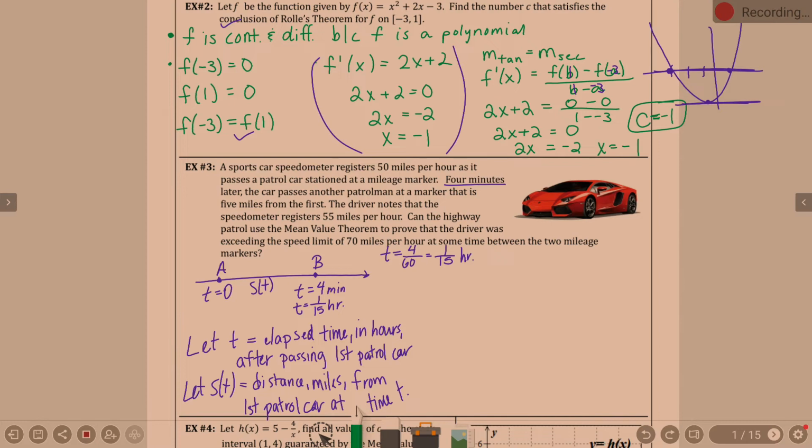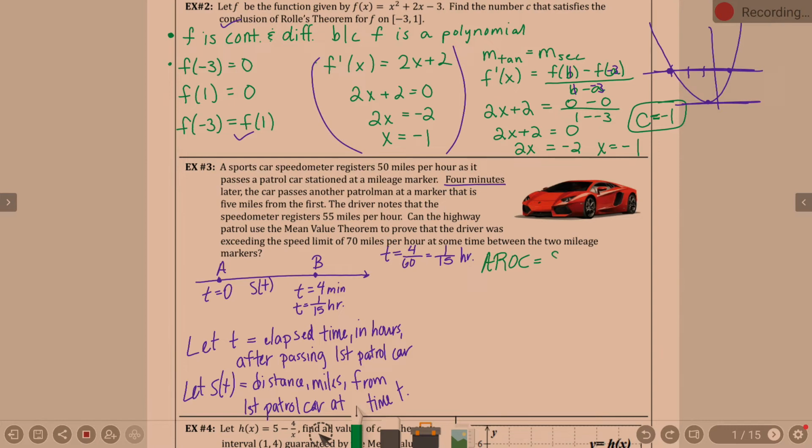Okay. What we need to talk about here is our average rate of change. In order to talk about average rate of change, we're going to have to think about the function, the distance, right?